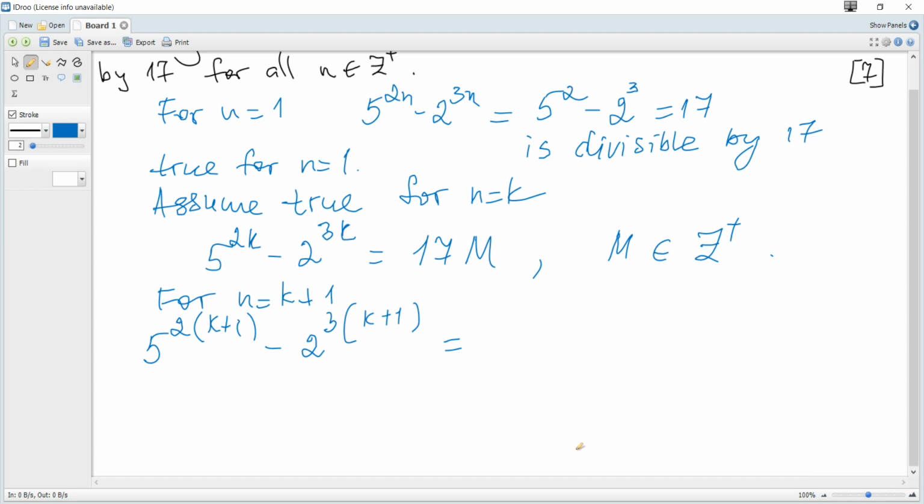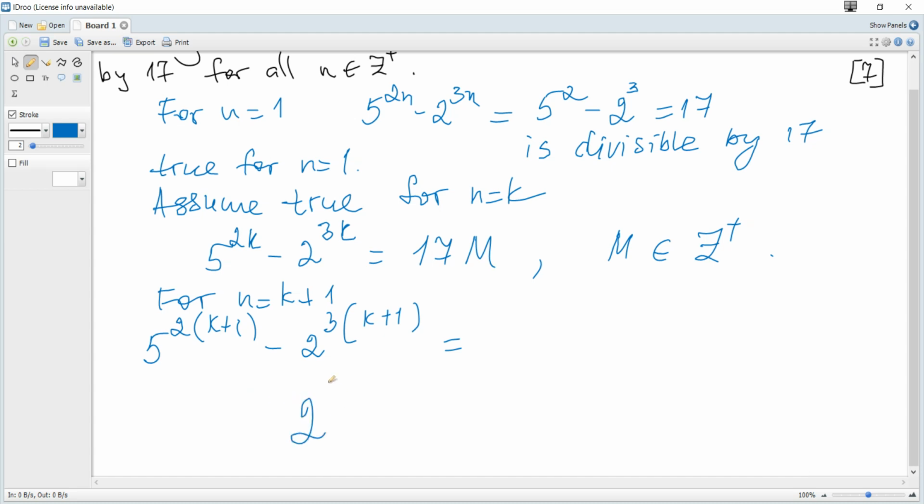And as usual, for n is k plus 1, we split into part corresponding to n is k and some additional terms. Why? Because then we can use information from assume, and definitely here we can see that we can split it into 5 to the power of 2k and something else. And how to do that?